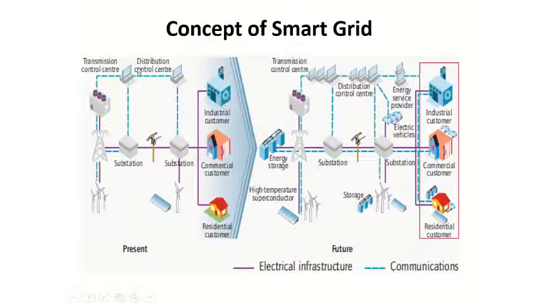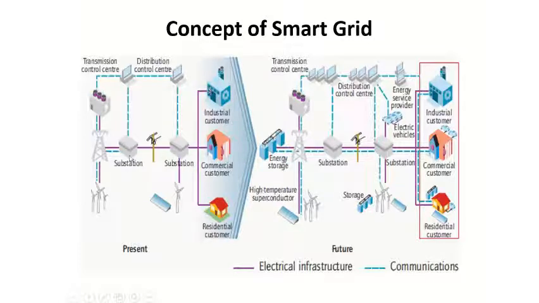In the block diagram of the concept of smart grid, we are moving from the present grid towards the smart grid, the future grid. You can see here, presently there is a communication deficiency. The communication occurs between transmission, distribution, and the substation, whereas there is no communication with the customers. You can see only the purple line, which is only the electrical infrastructure.